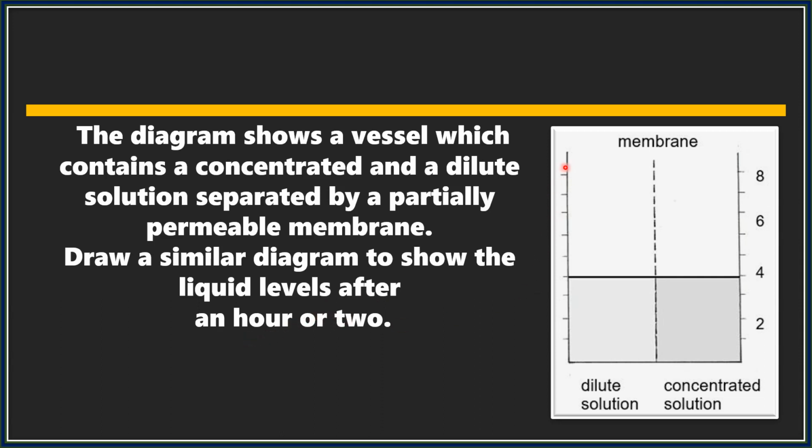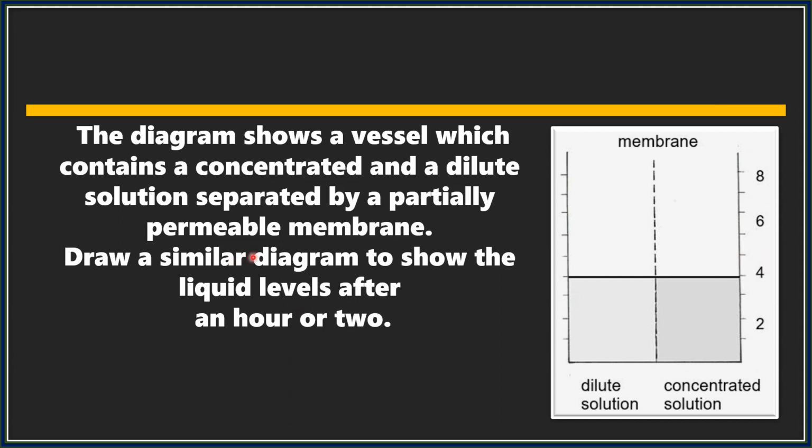So here we have our diagram where we have a vessel which contains a dilute solution this side and a concentrated solution on the other side, separated by a partially permeable membrane. So when you place it here and you leave it here for 2 or more hours, when you come back, what are you going to find?